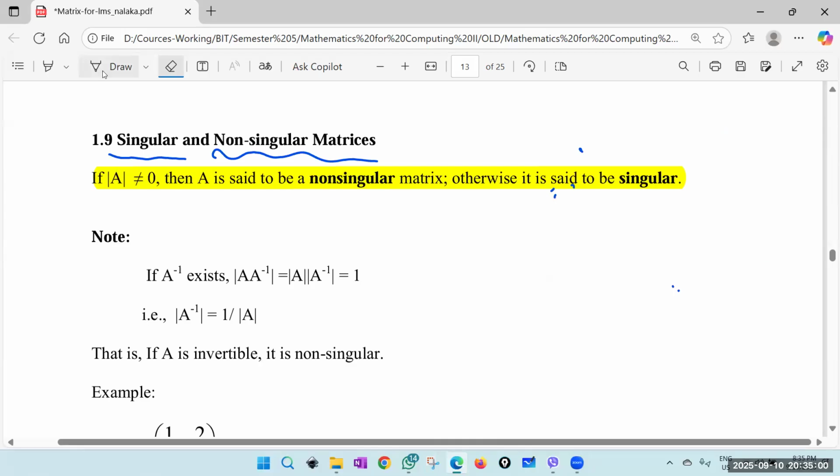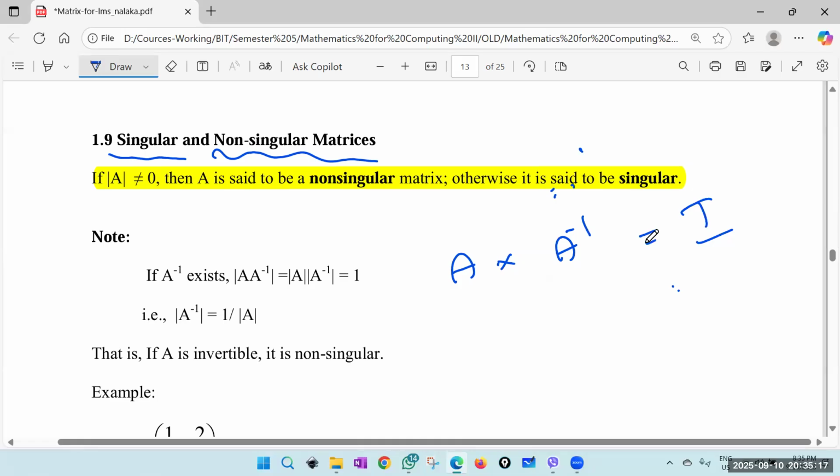So what is the definition of inverse? Say we have a square matrix A. If it has an inverse, when you multiply that matrix by its inverse, you will get the identity matrix.